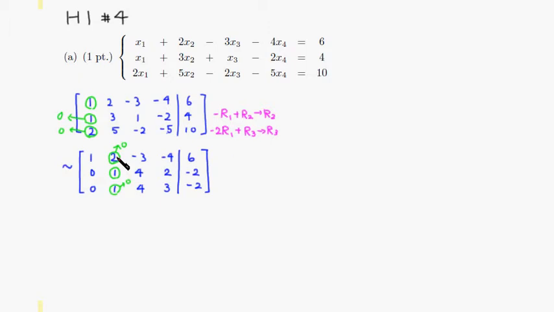In order to turn this guy into 0, again, we always use this pivot. The pivot is in row 2, so we're going to multiply row 2 by the negative of the number you want to get rid of. So we want to multiply by -2, then add it to the row that we are working on, which is row 1.